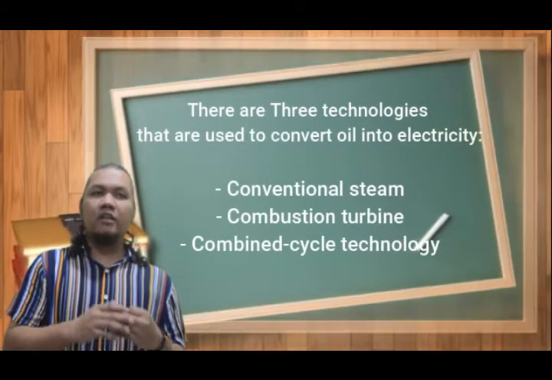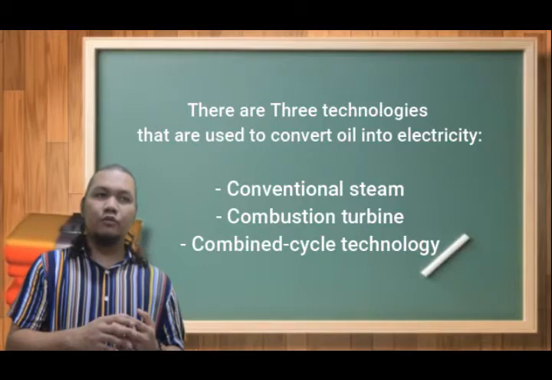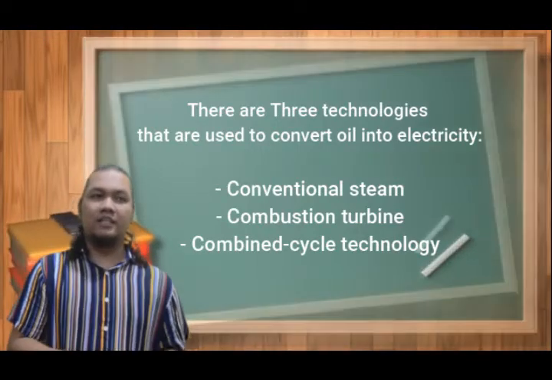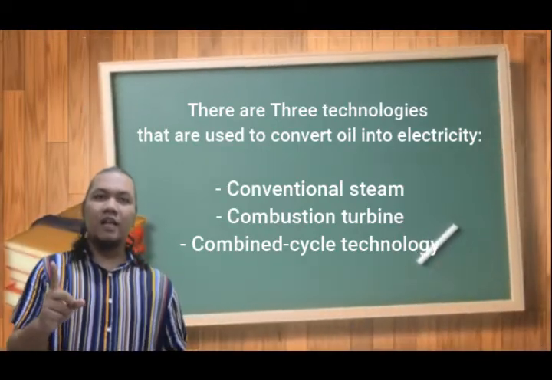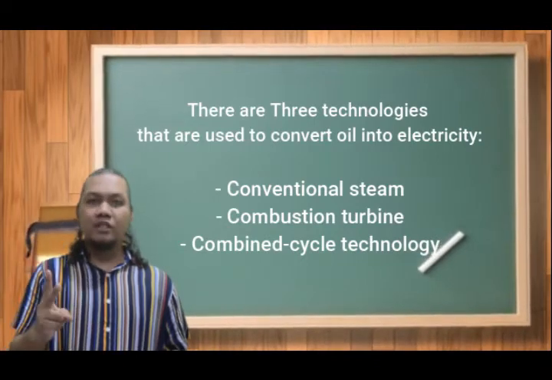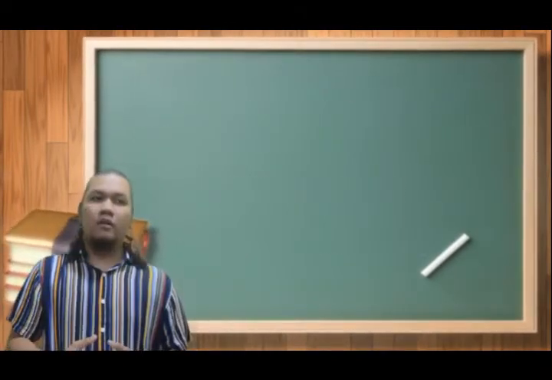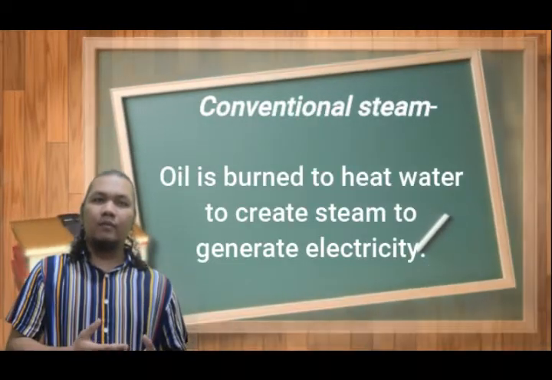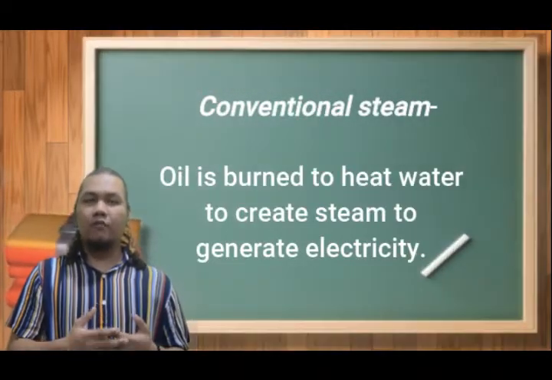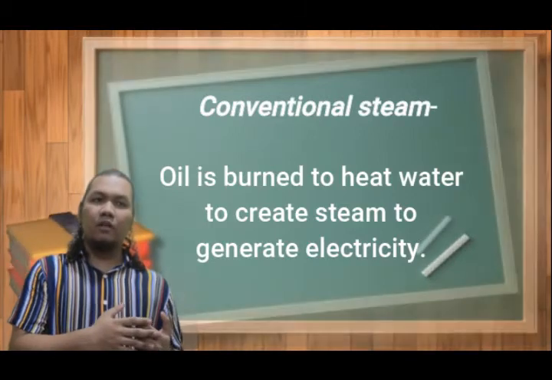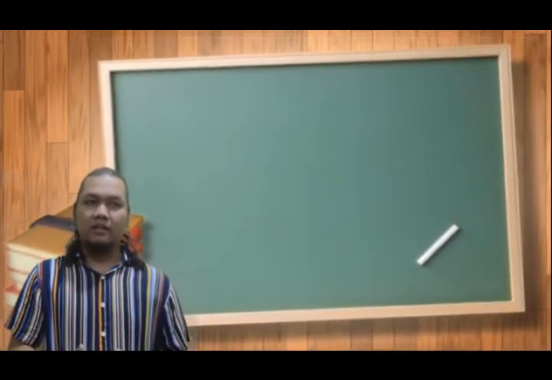There are three technologies that are used to convert oil into electricity: conventional steam, combustion turbine, and combined cycle technology. In conventional steam, oil is burned to heat water to create steam to generate electricity.